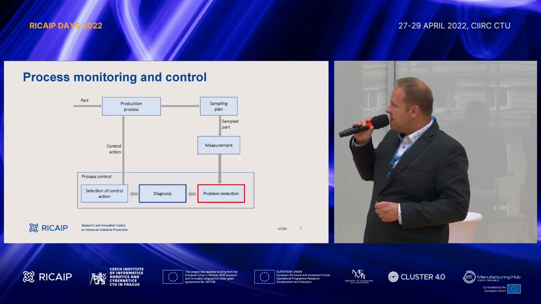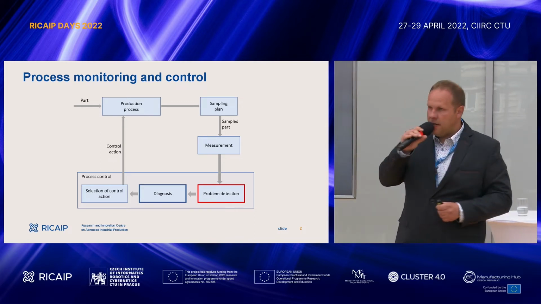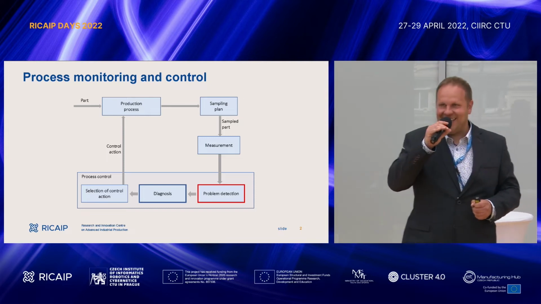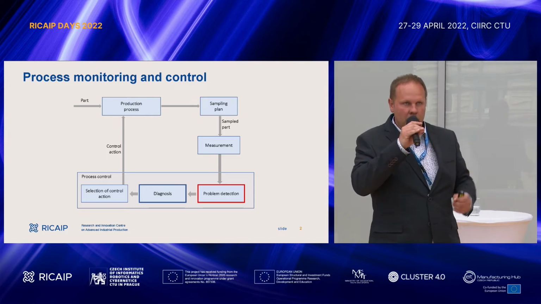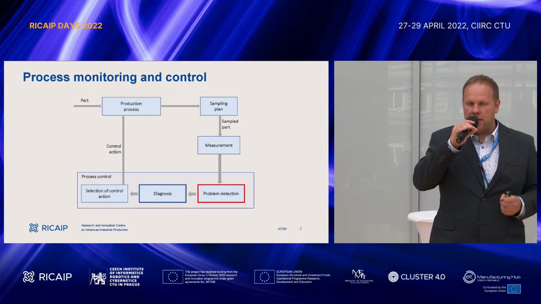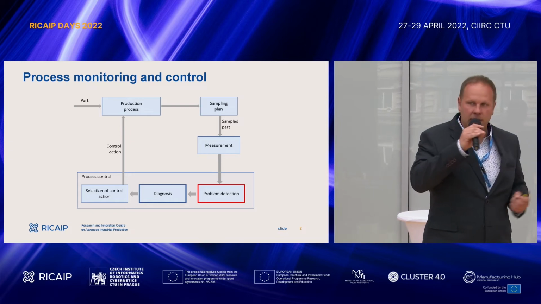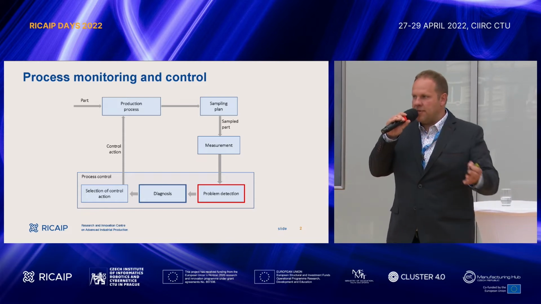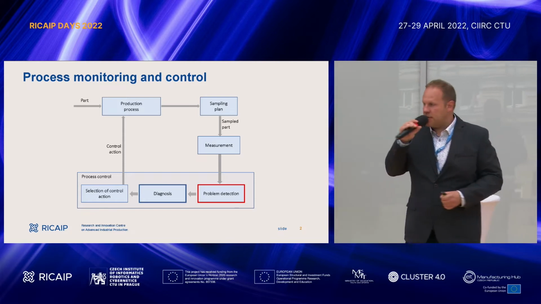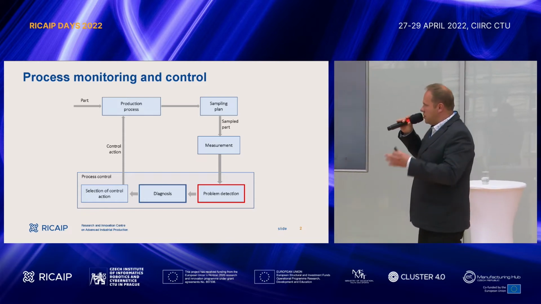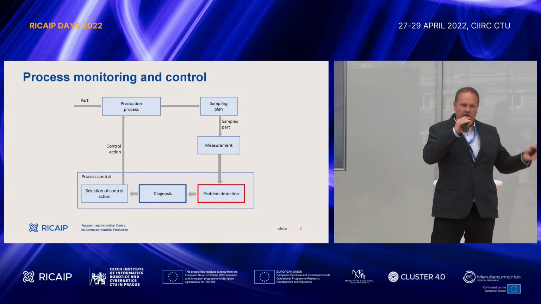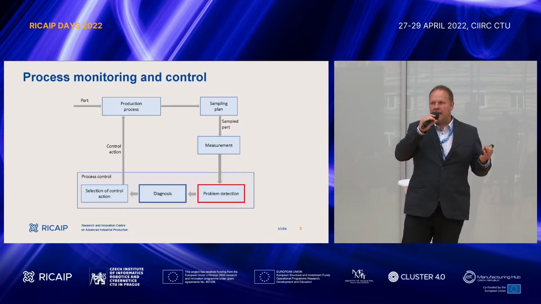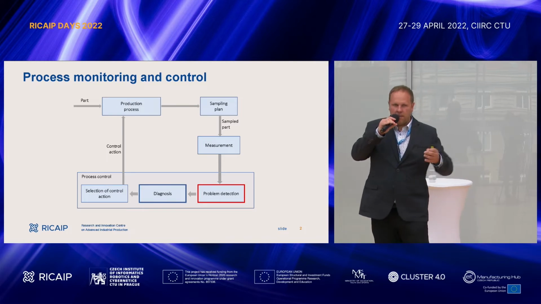the technical perspective. What you can see here is the quality control loop, which we typically use in manufacturing, for example. You can see a production process, which can be, for example, machining or some other process, and it produces some parts, for example engine heads in automotive or something else.